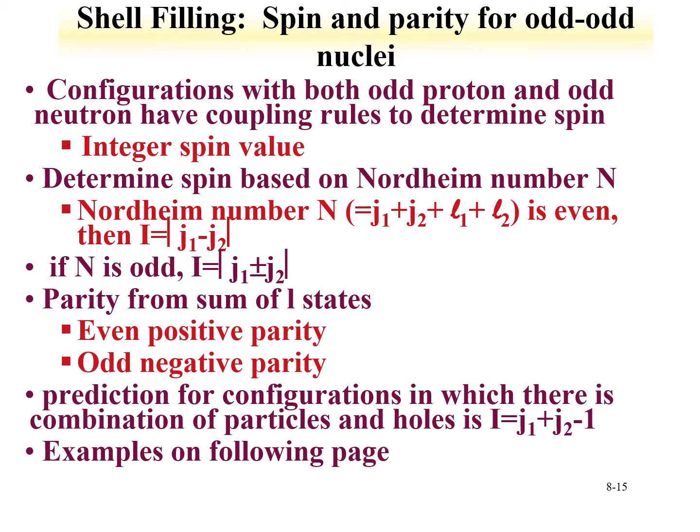If the Nordheim number is odd, we have two possibilities, either the absolute value of the sum or the absolute value of the difference of the spins of the two states that are occupied by the unpaired nucleons. The parity is from the sum of the angular momentum states, the L states. If that sum is even, it's positive parity, and if it's odd, it's negative parity. We'll go over some examples to show how the Nordheim number works.